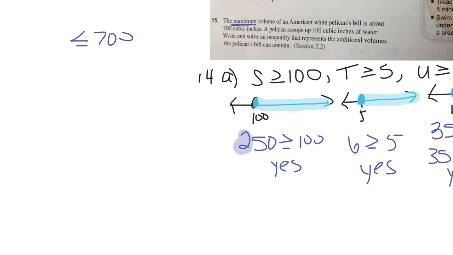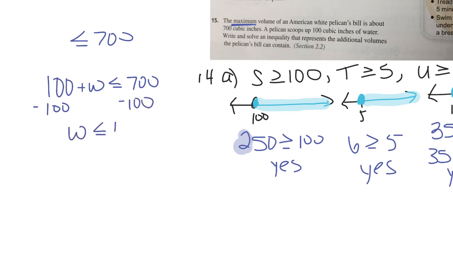So we have 100 cubic inches of water plus an unknown amount, let's let it be W, and that has got to be less than or equal to 700. And then it says to solve it, so we'll subtract 100, and W is less than or equal to 600. This was number 15.